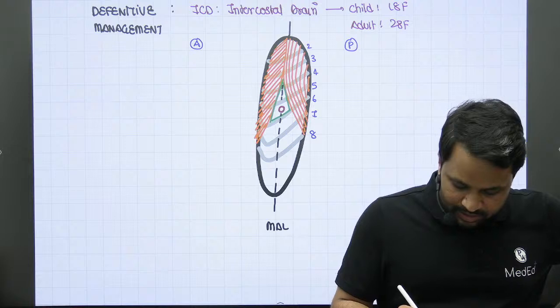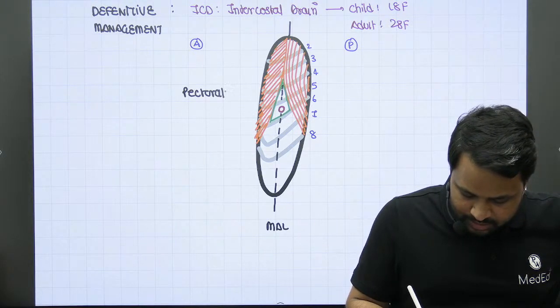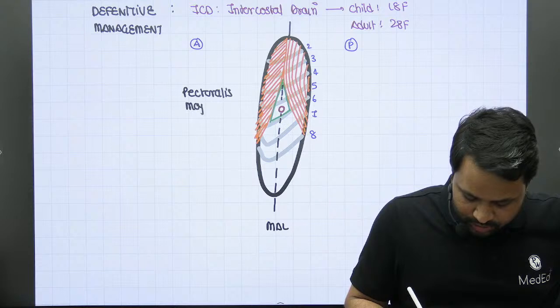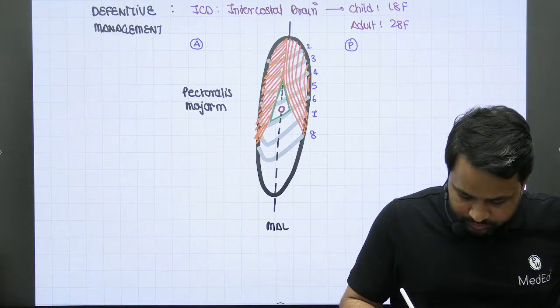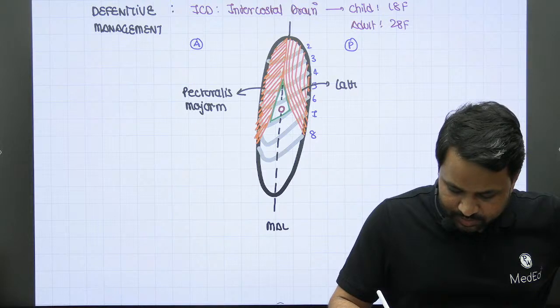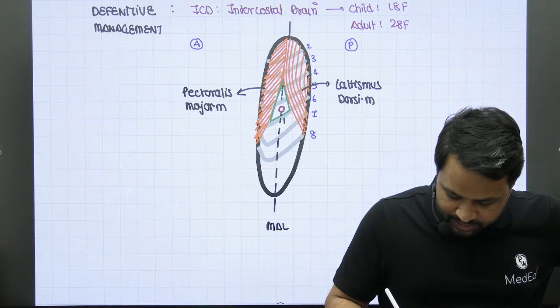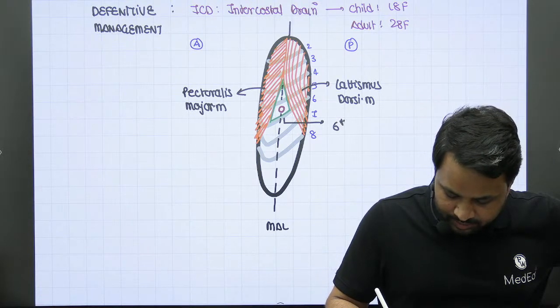The safety triangle is formed anteriorly by the pectoralis major muscle, posteriorly by the latissimus dorsi muscle, and inferiorly by the sixth rib.